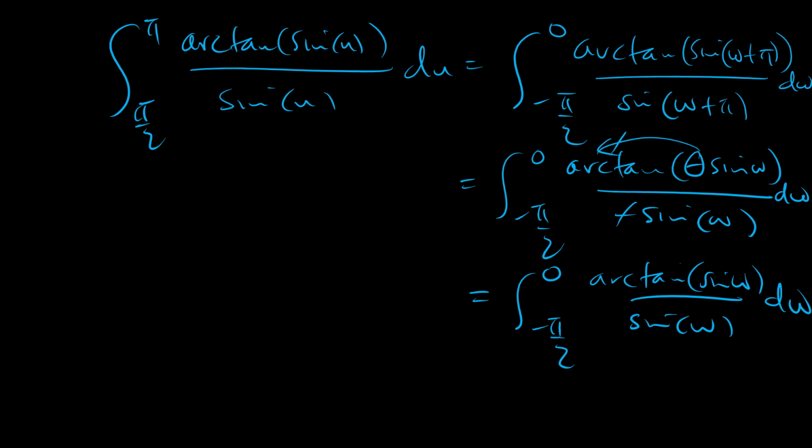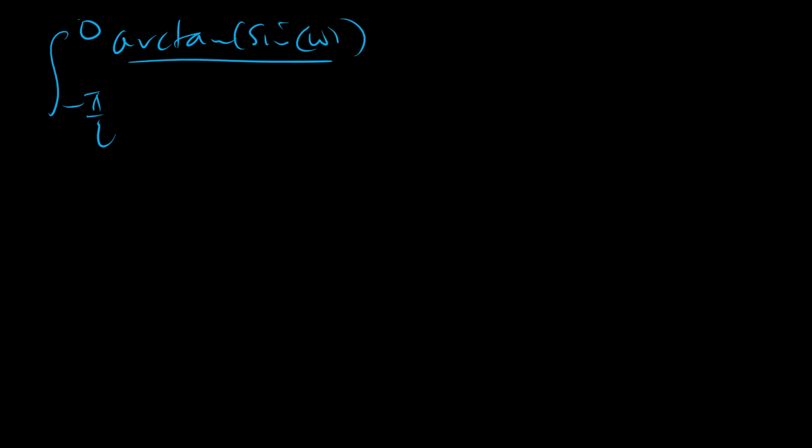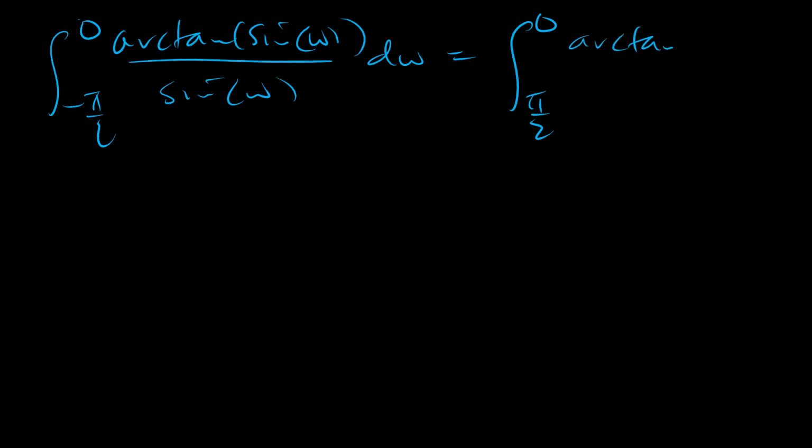One thing we could do is apply a negative to the w, and vice versa, and that means we have the integral from 0 to pi over 2 of arctan of sine of w over sine w.